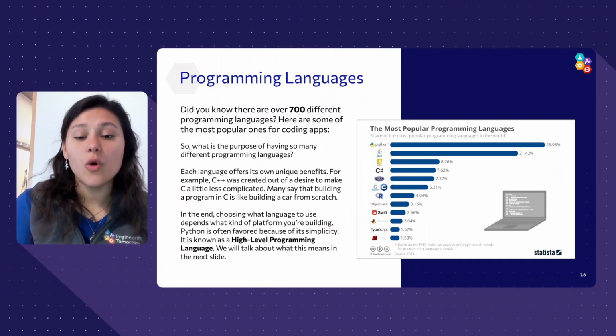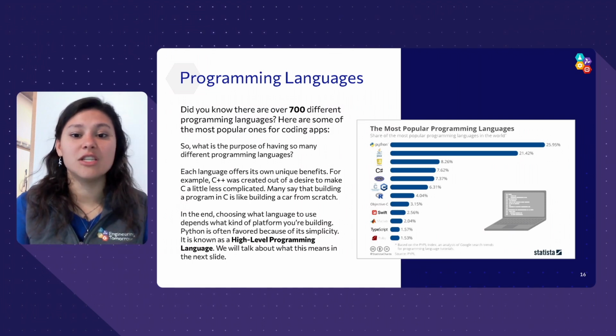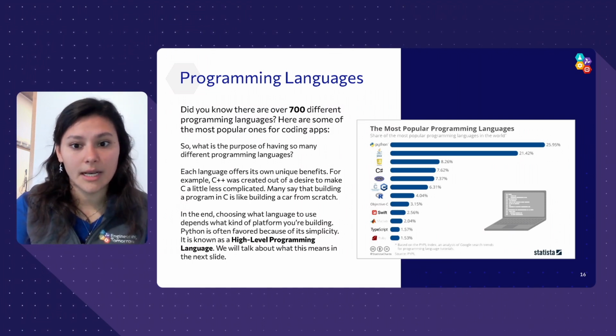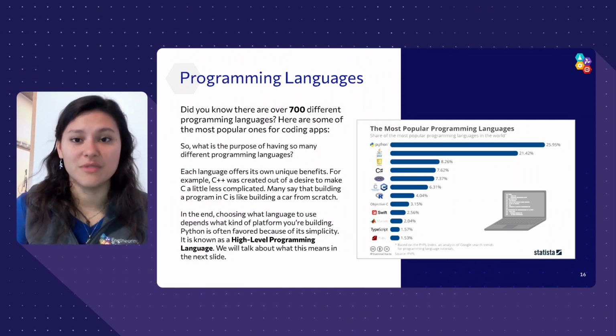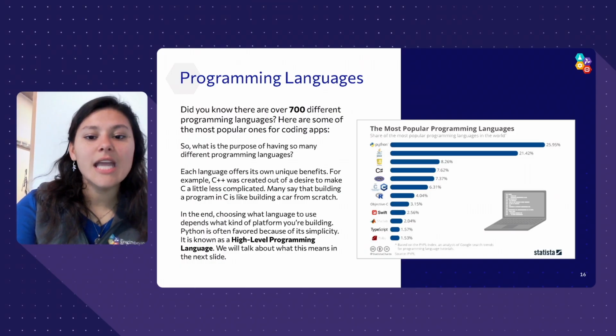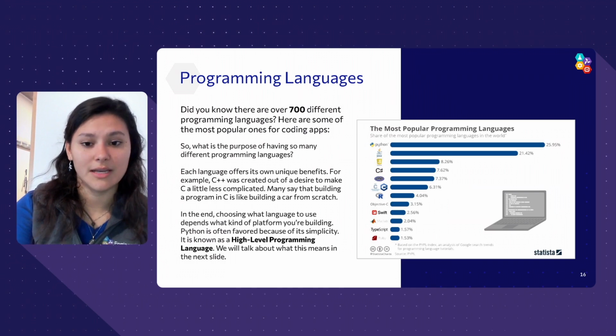Each language offers its own unique benefits, such as C++ was created out of a desire to make C a little less complicated. Many say that building a program in C is like building a car from scratch, and C++ has those preloaded libraries that allow you to use work that maybe other people have started that you can then build upon. In the end, choosing what language you use depends on what kind of platform you're building.